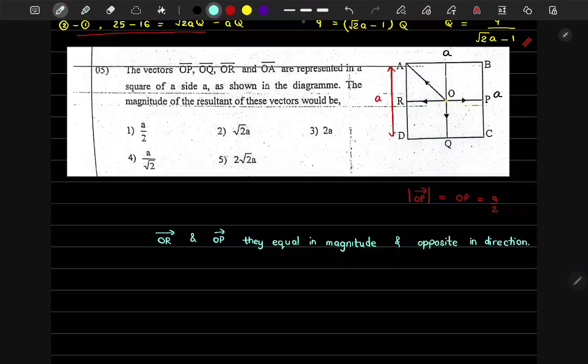If so, these vectors can be nullified. Now the two vectors get nullified.